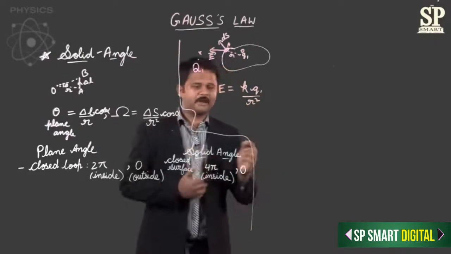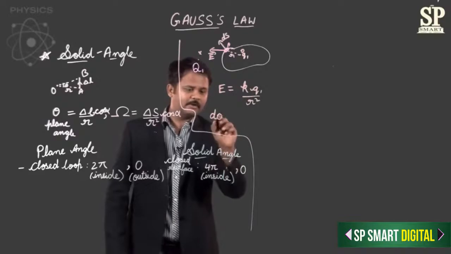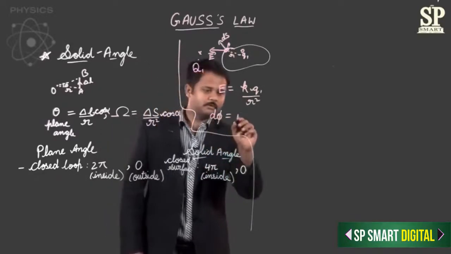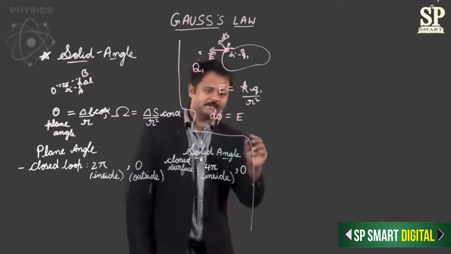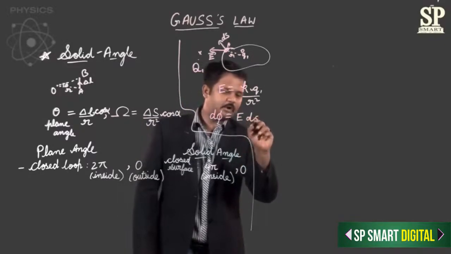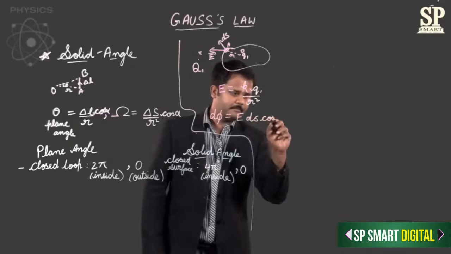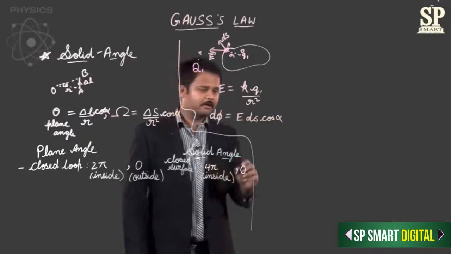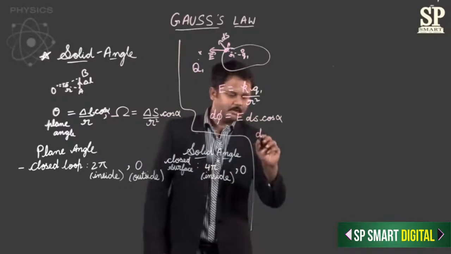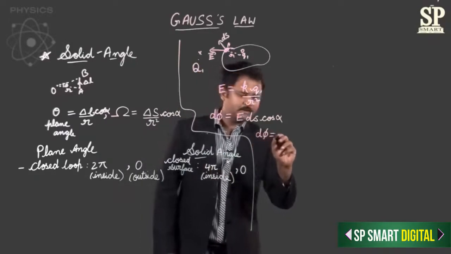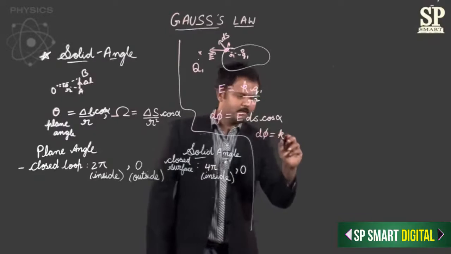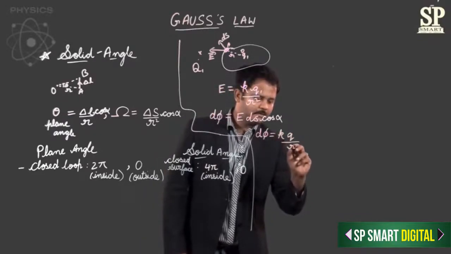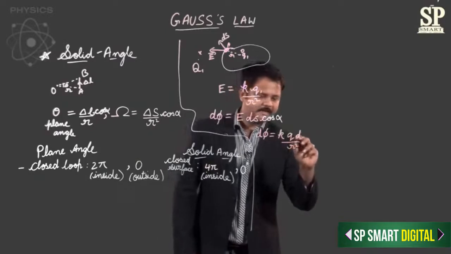Now what will be the flux here? The differential flux passing through this small area becomes equal to E dot ds, or E ds cos alpha. If we substitute the value of E here, our expression becomes d phi equals K Q upon R square times ds cos alpha.